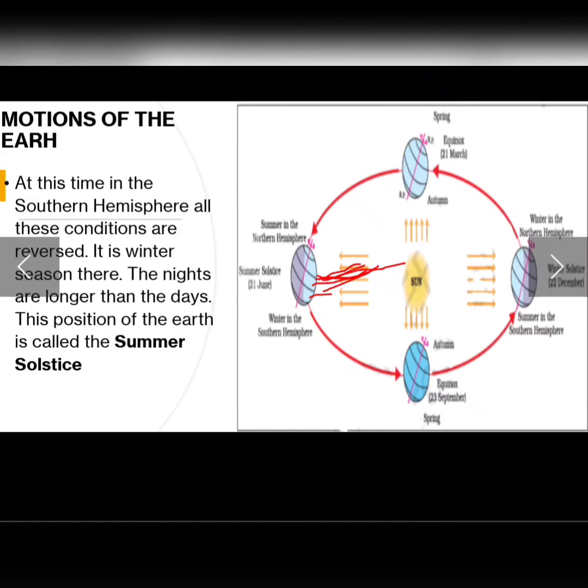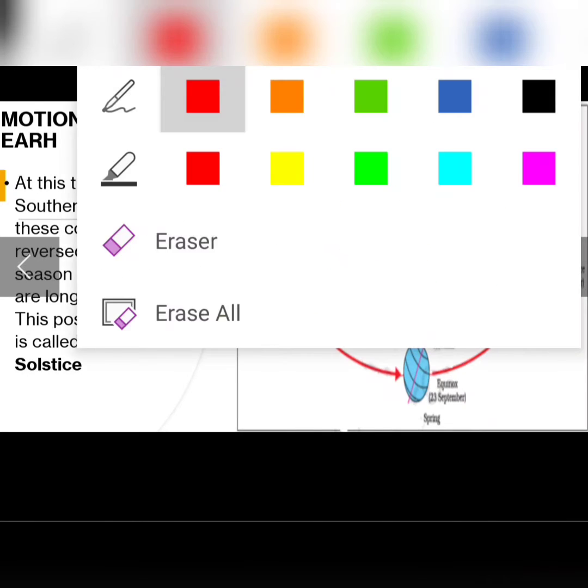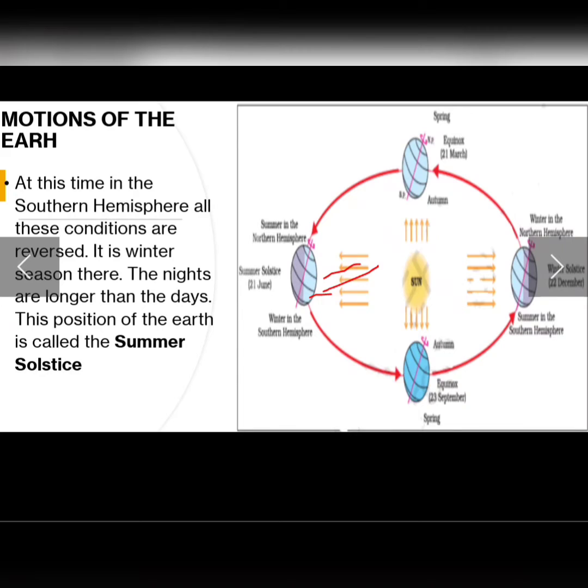Now at this time, we are talking about the southern hemisphere, and you can see that the southern hemisphere lies here. It is on the dark side because they are experiencing less amount of sunlight.